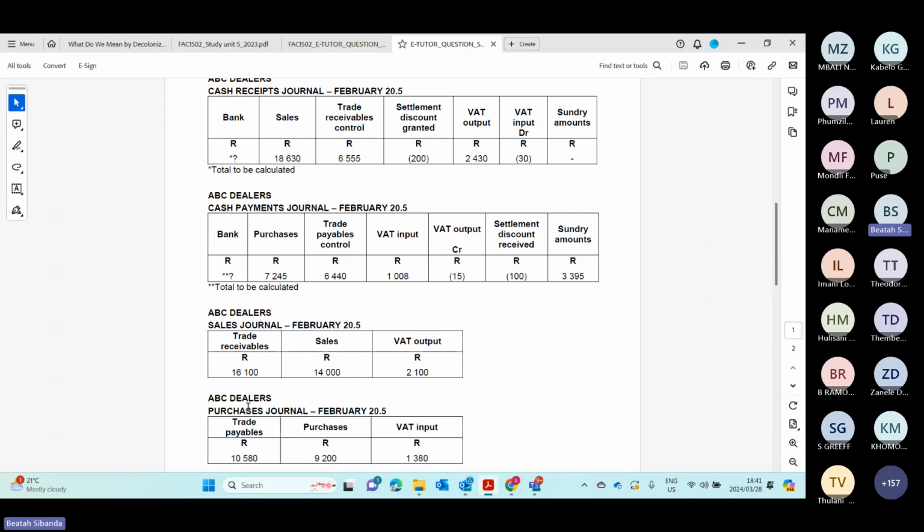In the sales journal and the purchases journal, we only record credit transactions. So your cash sales and purchases go to the cash journals, and your credit sales and credit purchases go to the sales journal and the purchases journal. So the difference is that the one records the cash transactions, the other records the credit transactions.